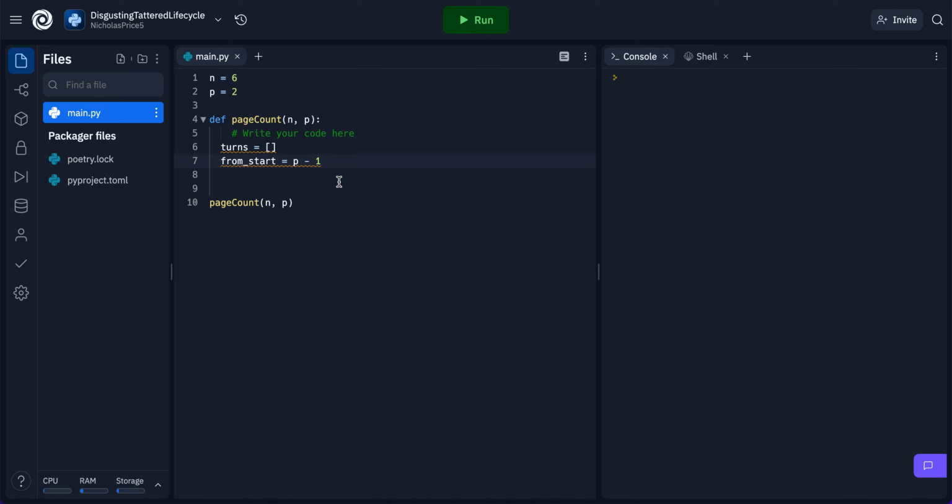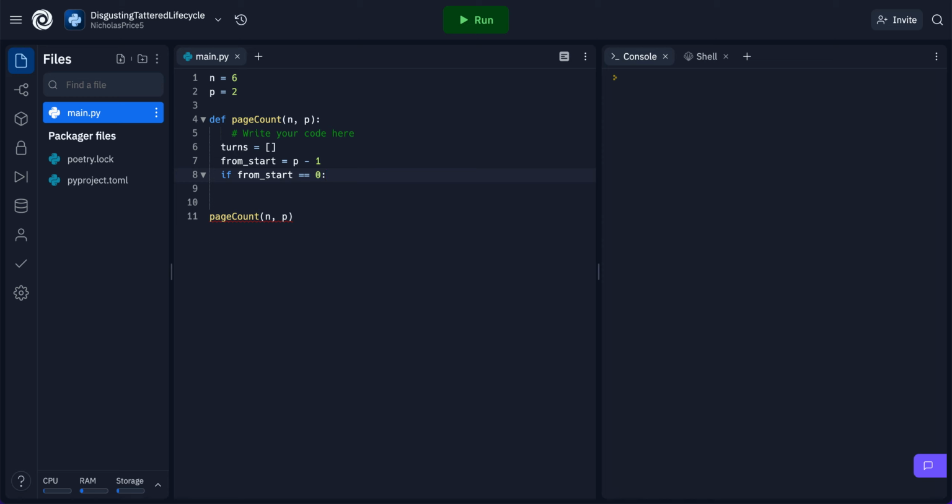So let's think of some scenarios for that and what that could be. So if fromStart equals 0, what does that mean? That means that p, the page we're trying to get to, is equal to 1.